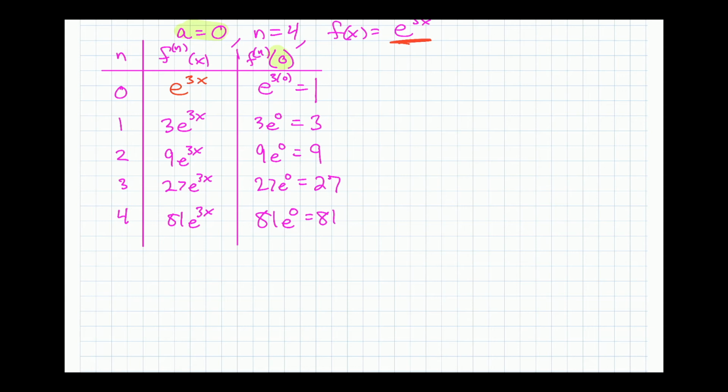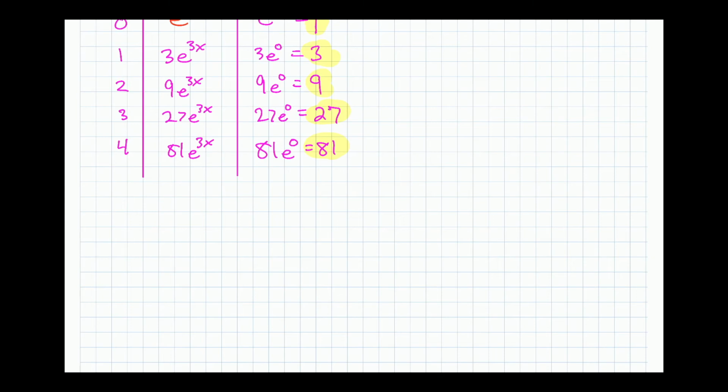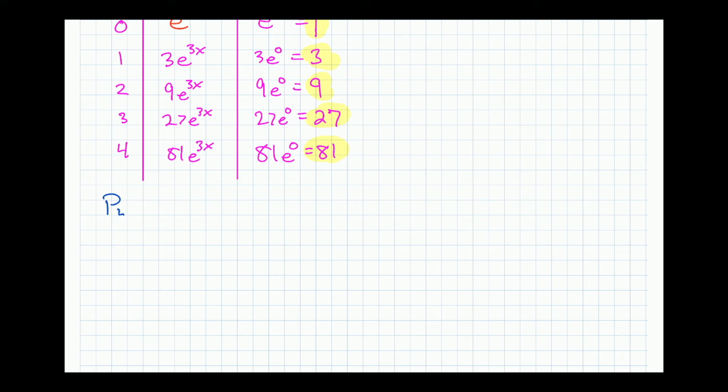All right, so we have these. Now, remember what we're doing with these. We have that number, that number, that number, that number, that number. Those are going to be part of our formula here. So the formula for the Taylor, or Maclaurin, in this case, polynomial, we're doing P4.